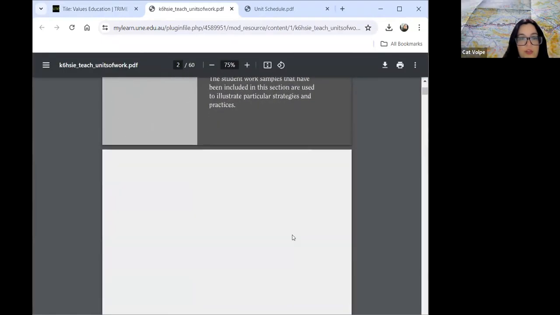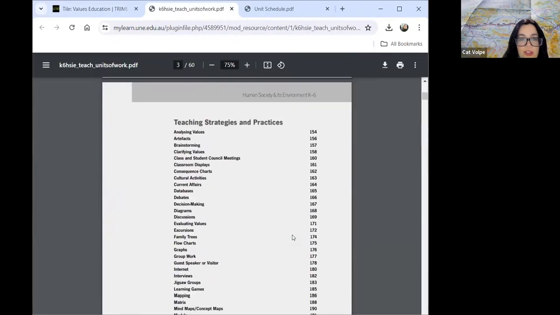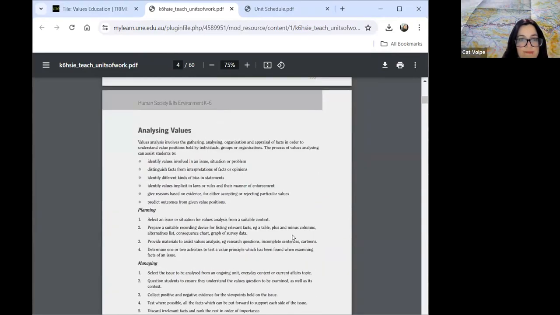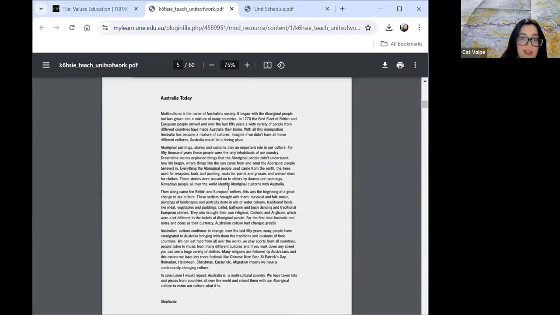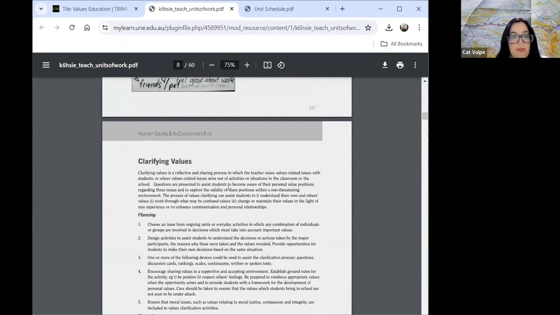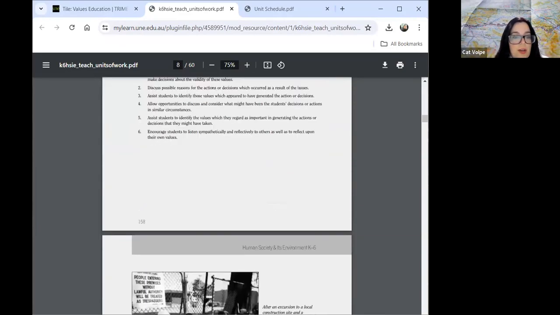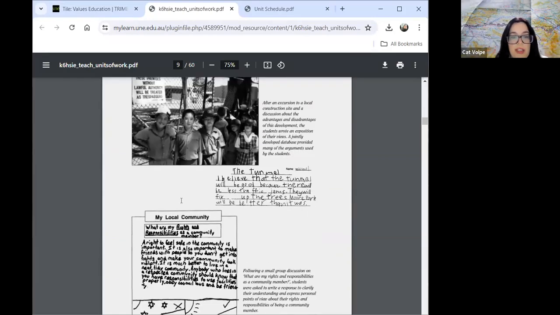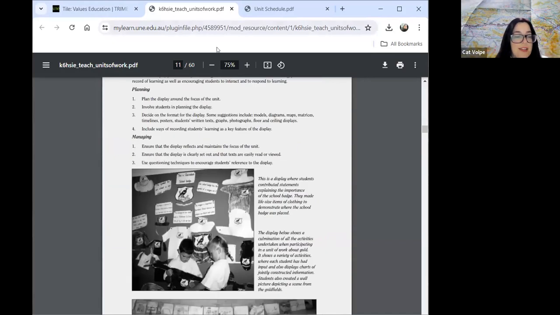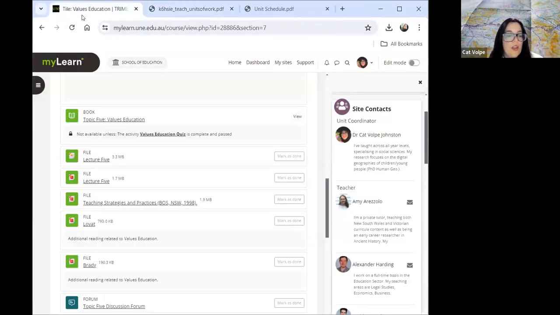This is an older document, but it's quite useful because it talks about analyzing values and what values analysis is all about, with some examples in the classroom and different ideas that you can use when teaching values education, which will be something that you do in the second assignment. So you can come back to this as well. Keep an eye out for that discussion forum post.